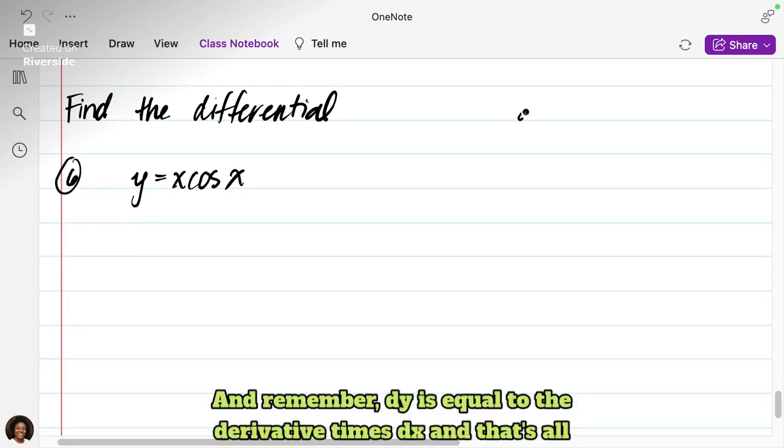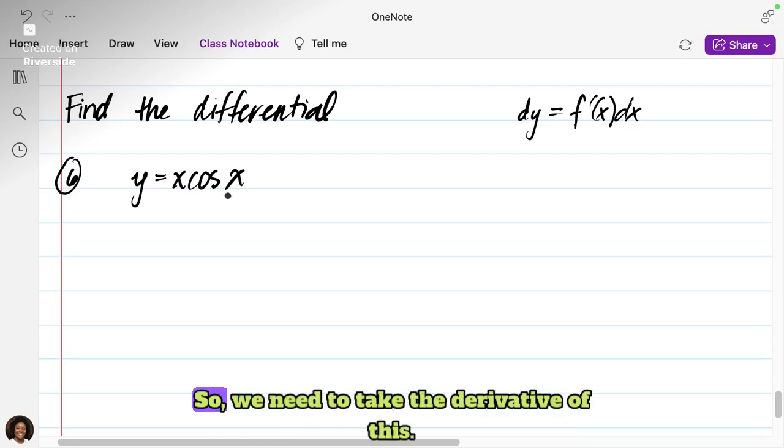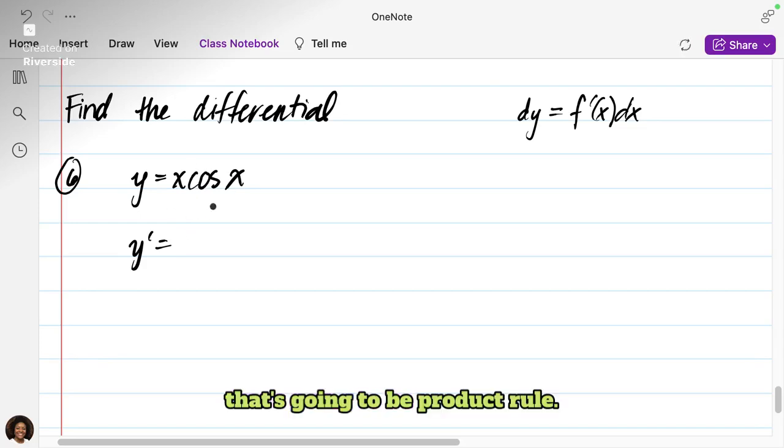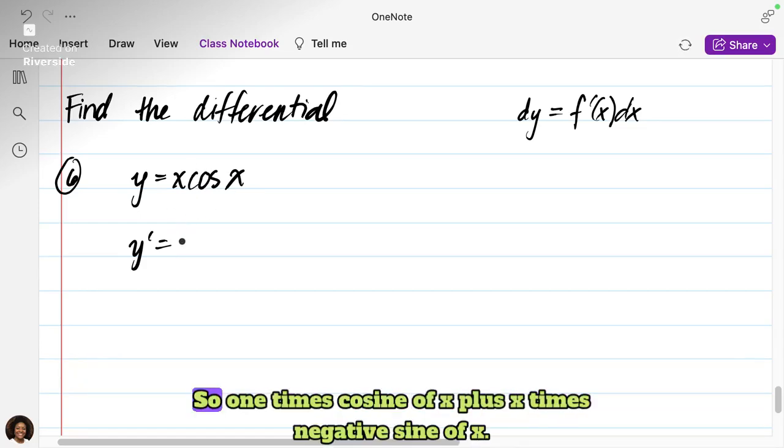And remember, dy is equal to the derivative times dx, and that's all you're going to do. So we need to take the derivative of this. That's going to be product rule. So 1 times cosine of x plus x times negative sine of x.